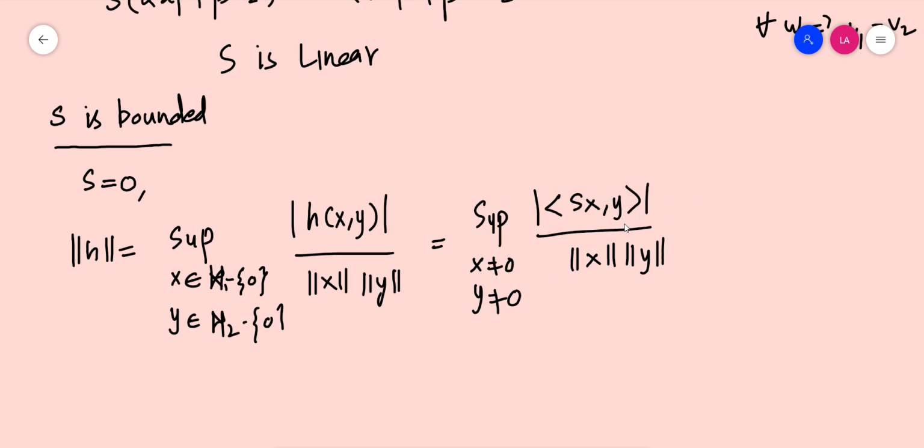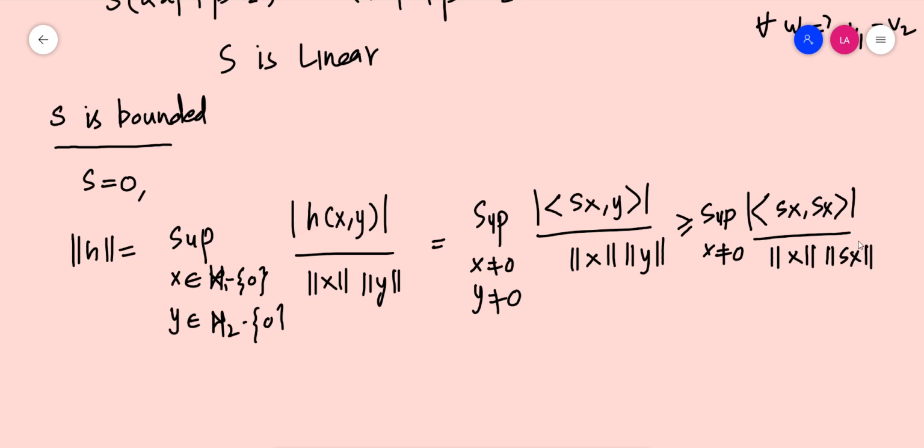So this should be greater than or equal to the supremum over x not equal to 0, taking y equal to Sx, of the modulus of the inner product (Sx, Sx) divided by norm x times norm Sx.